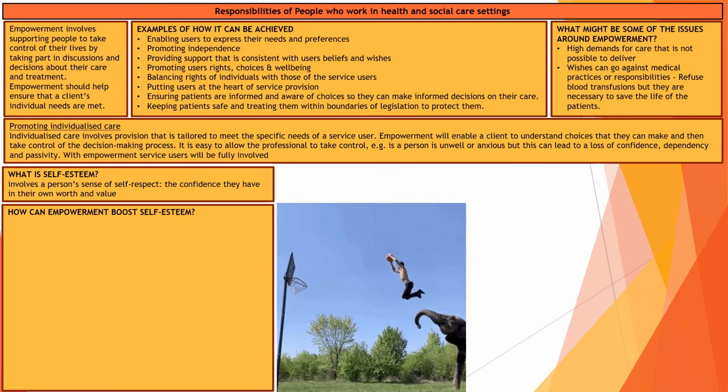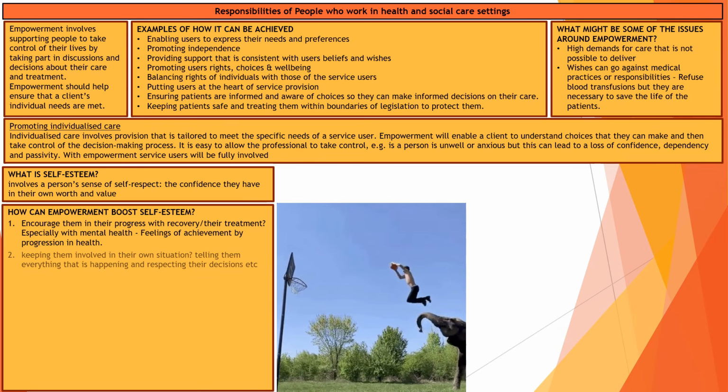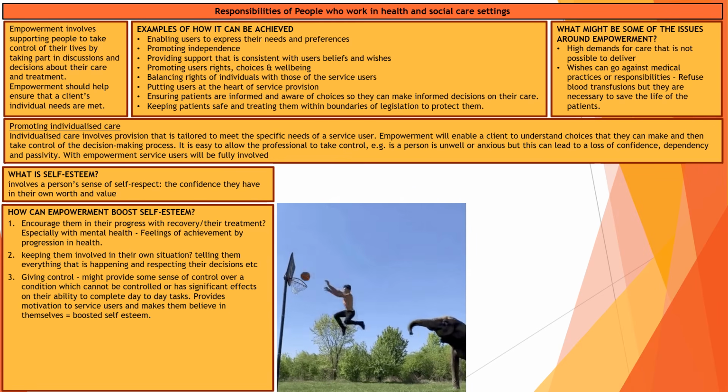And by boosting this self-esteem, it will encourage them to make progression with their recovery and their treatment, keeps them involved in the care plan, keeps them informed, they know what is happening, gives the individual an element of control, so they feel that they have some control over their treatment, their care. And again, that's going to add to their self-esteem.